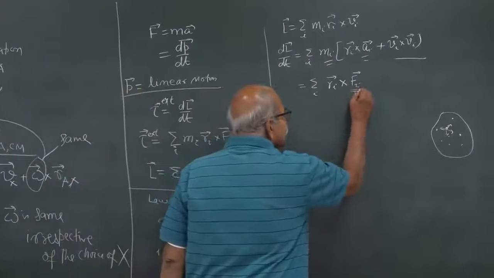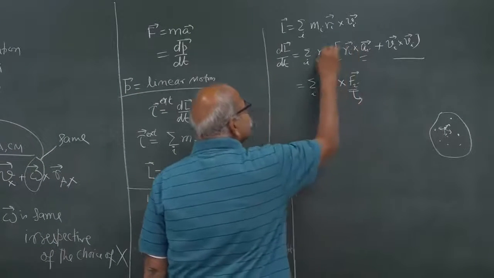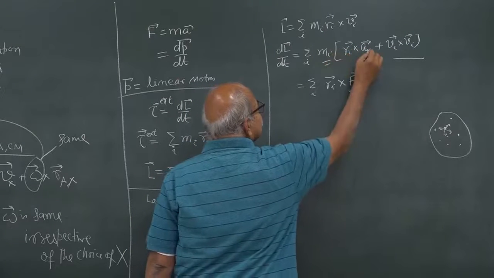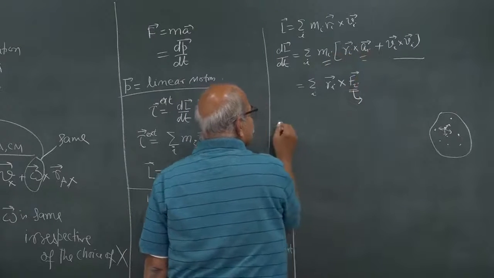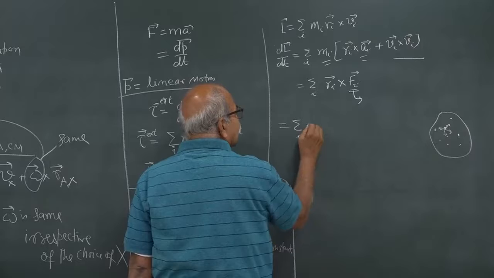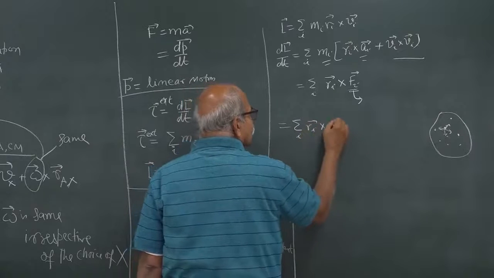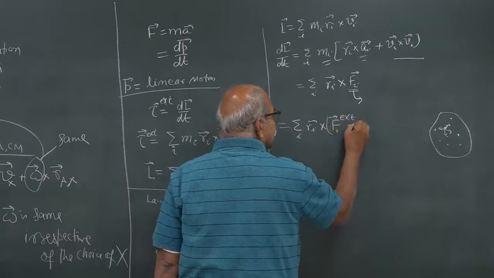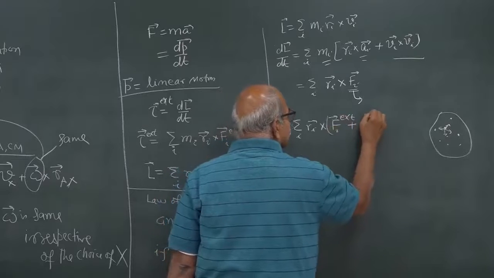This F_i is the resultant force, because I am writing it for m_i and a_i. So, this is the resultant force on the ith particle. So, this is r_i cross F_i external plus F_i internal.